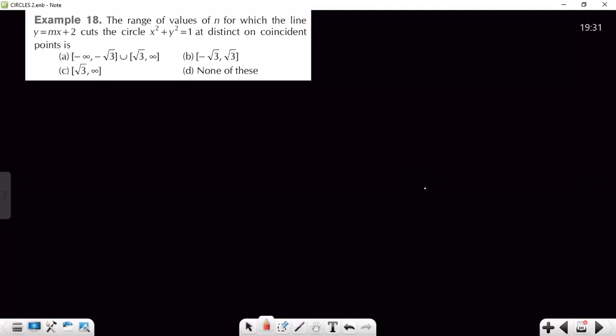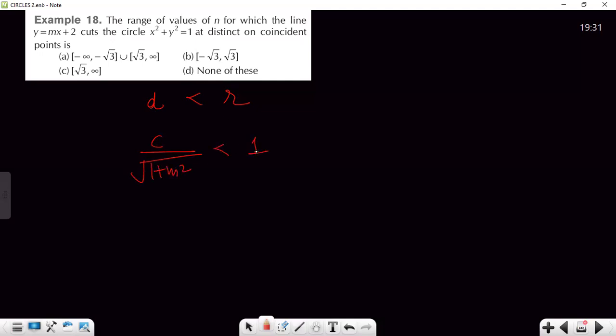Distinct means two different points. First, it is very clear that the distance between the center and the line is less than the radius. How can the distance be given? Distance was given by c divided by square root of 1 plus m square less than r.